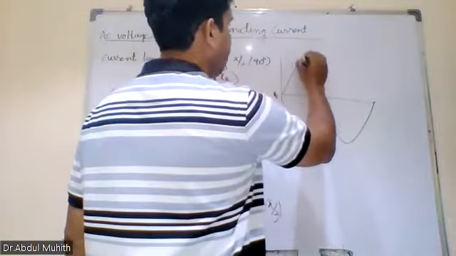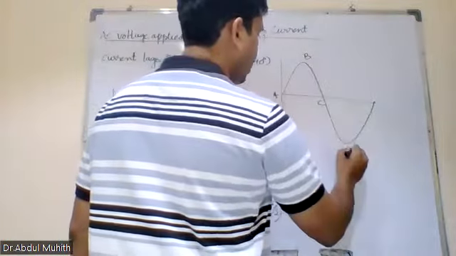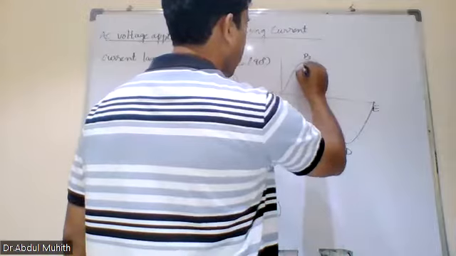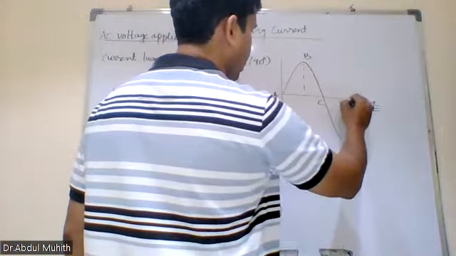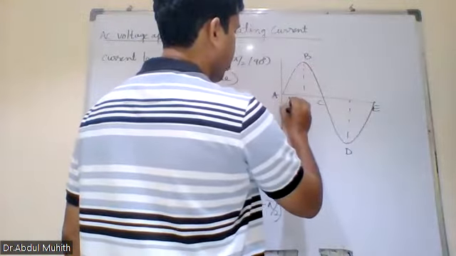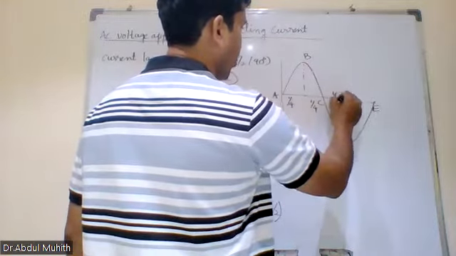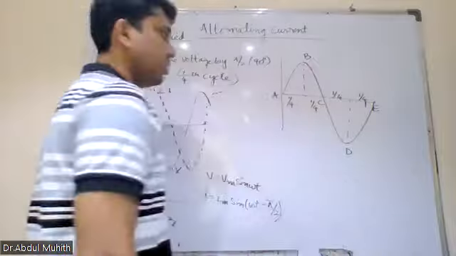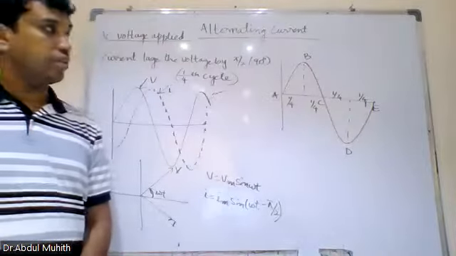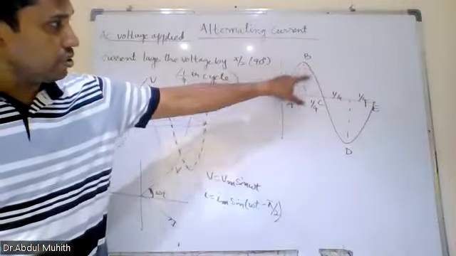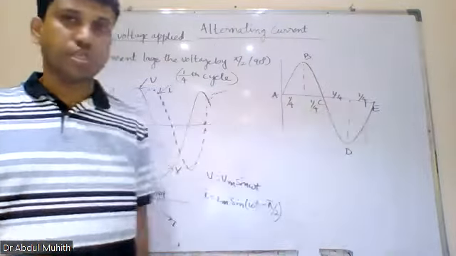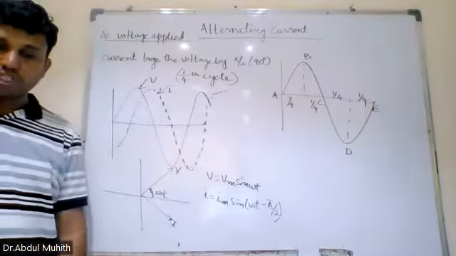Suppose this is A, B, C, D, and E. This is a quarter cycle, and each one is a quarter cycle. Is that clear now? So I want to explain what will happen.